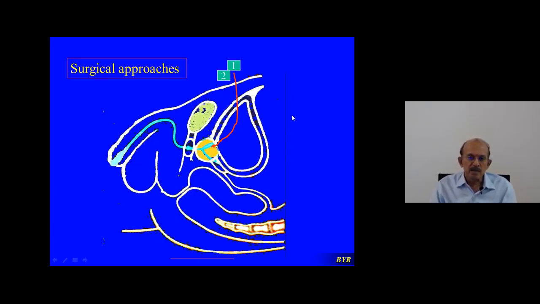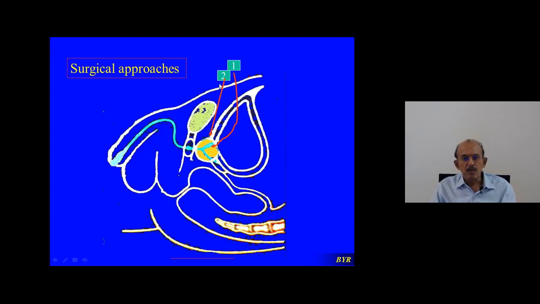The second approach is again suprapubic, but it's not through the bladder. It is behind the pubic bone. So this is the retropubic approach. So you go behind the pubic bone, separate the prostate from the underlying fascia, incise the outer capsule, then enucleate the hypertrophic lobes.